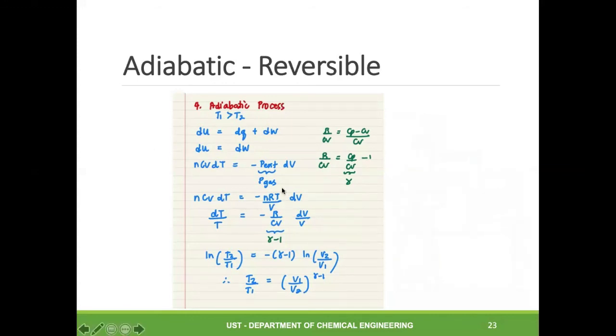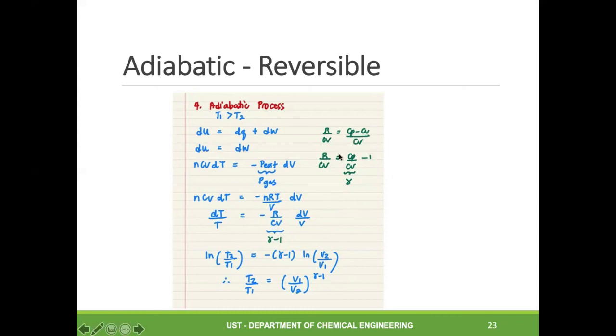nCv dT, so the pressure is represented by negative nRT over V from the ideal gas equation, dV. So combining temperature and volume, dT over T is equal to negative R over Cv, dV over V. So what is R over Cv? So you know that R in terms of Cp and Cv is Cp minus Cv.